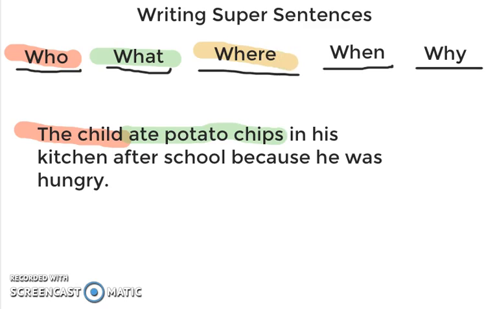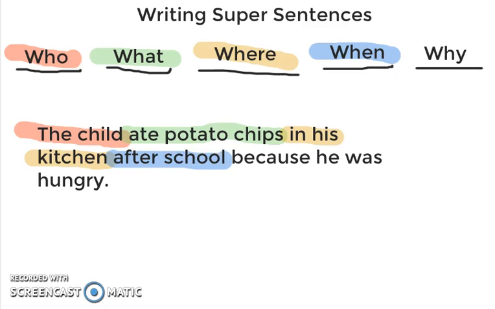Next, we have the where, and as I told you earlier, that is the location of the sentence. So the only location that we have is kitchen. So the where is going to be in his kitchen. Next, we have the when of our sentence, and this is the time. And don't be confused if you don't see a specific time, like 8 o'clock or 9 o'clock. It can be a general time, and in this case, it's after school.